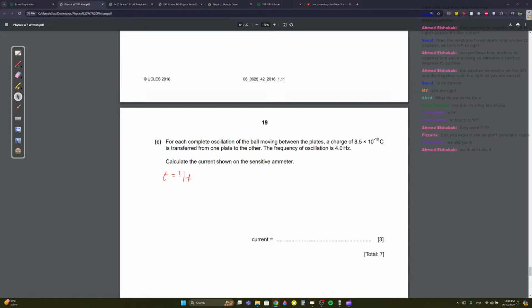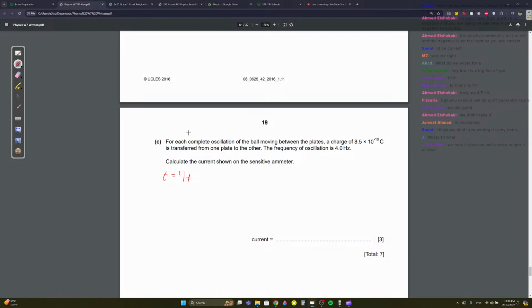Frequency, no. In mechanics was something else. That's for a complete revolution. That's something else. Yeah, no, they didn't. I have Mr. Ghassan. He didn't teach me T equals 1 over F. Don't overthink it. It's wrong. We never took T equals 1 over F.